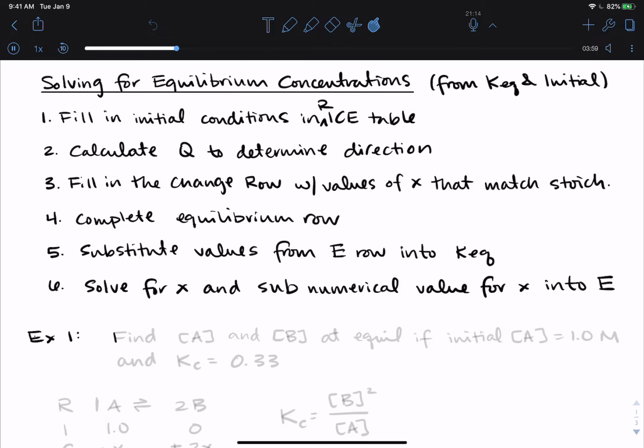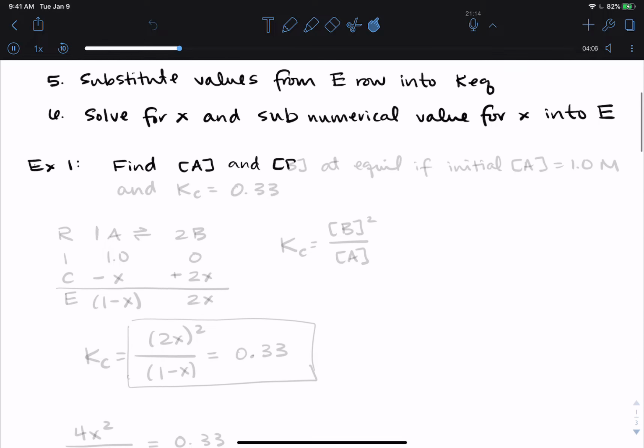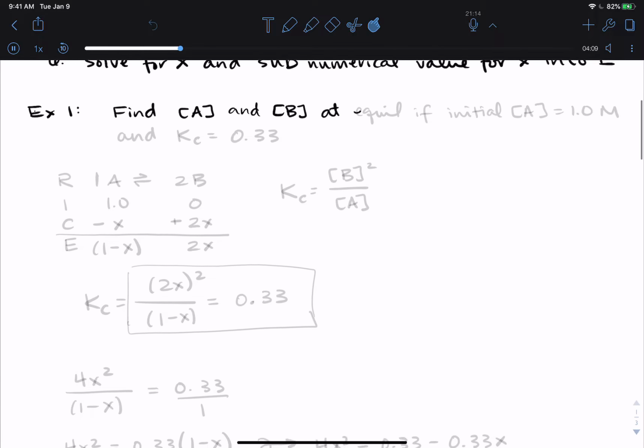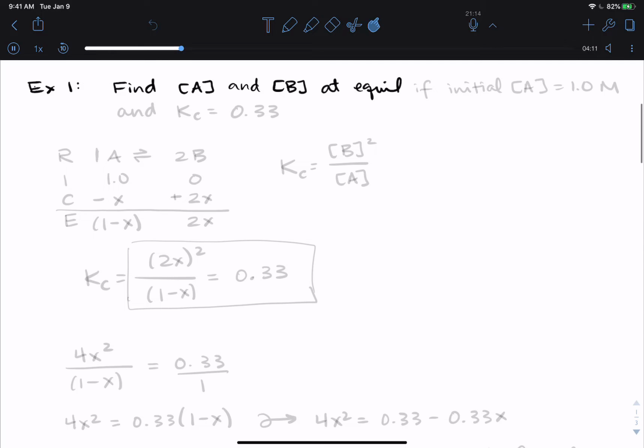So we are asked to find the concentration of A and the concentration of B at equilibrium if the initial concentration of A equals 1.0 molar and the Kc is equal to 0.33.